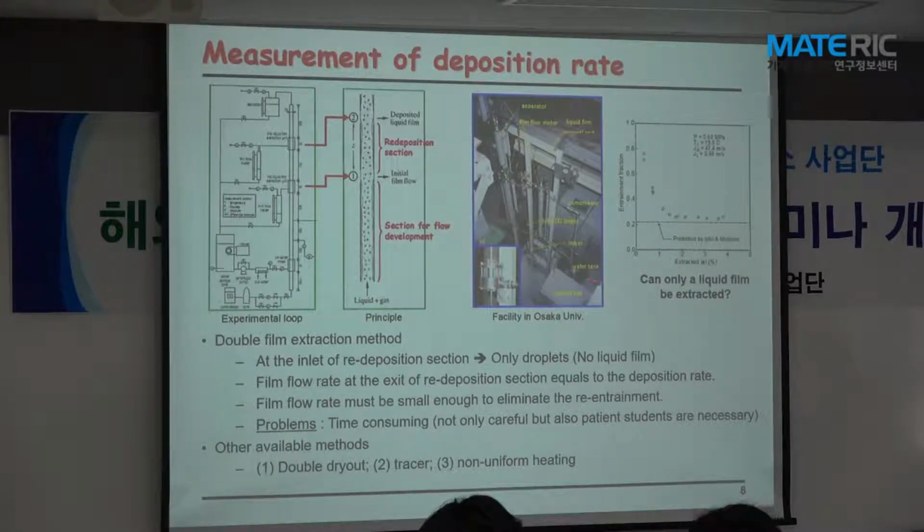If the pressure is decreased, more fluid is extracted from the inside of the tube to the outside. Okay? And here the horizontal axis is the air extracted from the inside to outside. If the pressure is decreased, at first the amount of air extracted is 0.